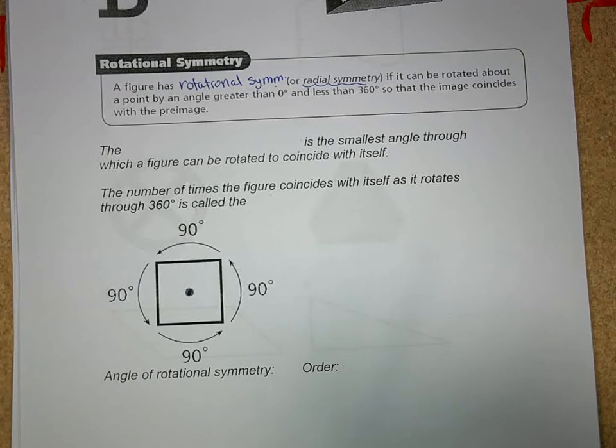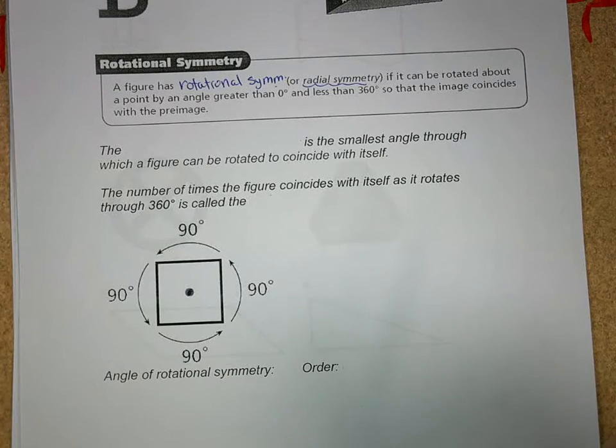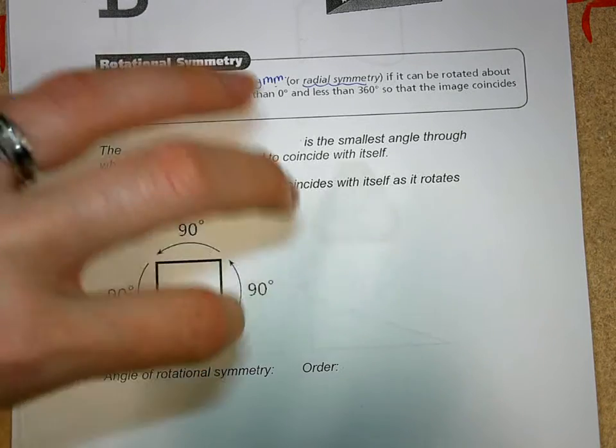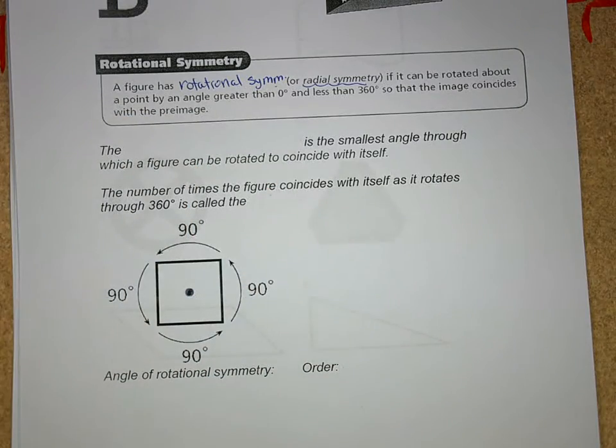If you go clockwise, your angles are negative. They just tell you direction by that, so be careful when you do this. If I turned this 90 degrees, I would still have that exact same square. You couldn't tell if it was any different.